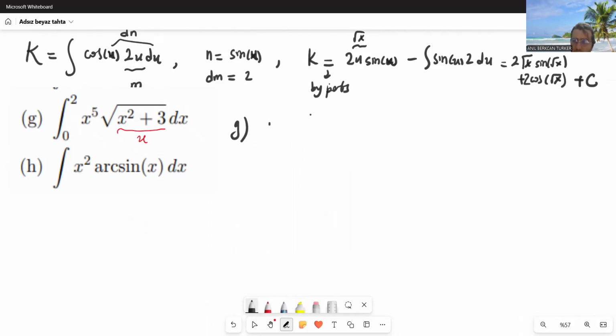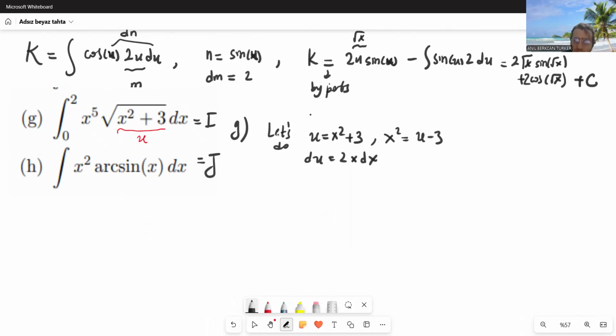Let u equal x squared plus 3. Then x squared is also u minus 3, but it's not important. Now, it will be important. And du is 2x dx. So now let me call this integral j.